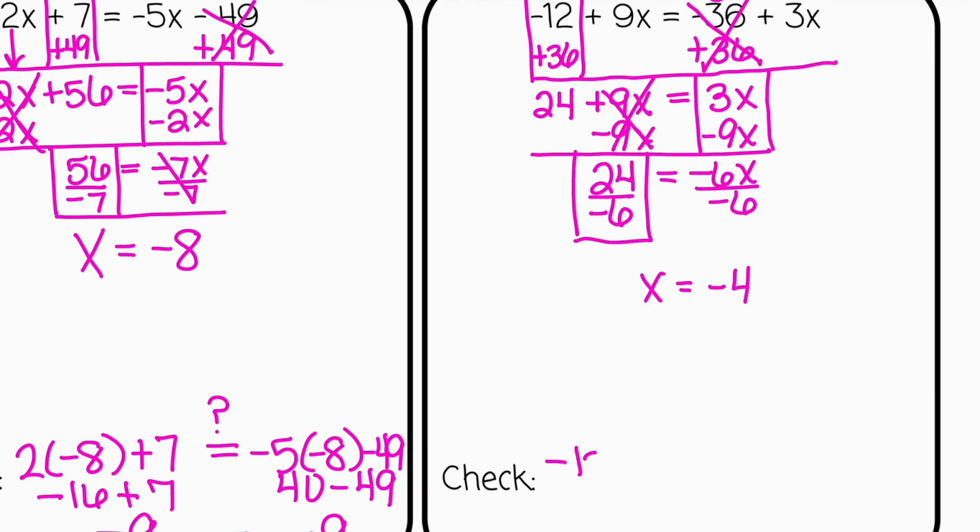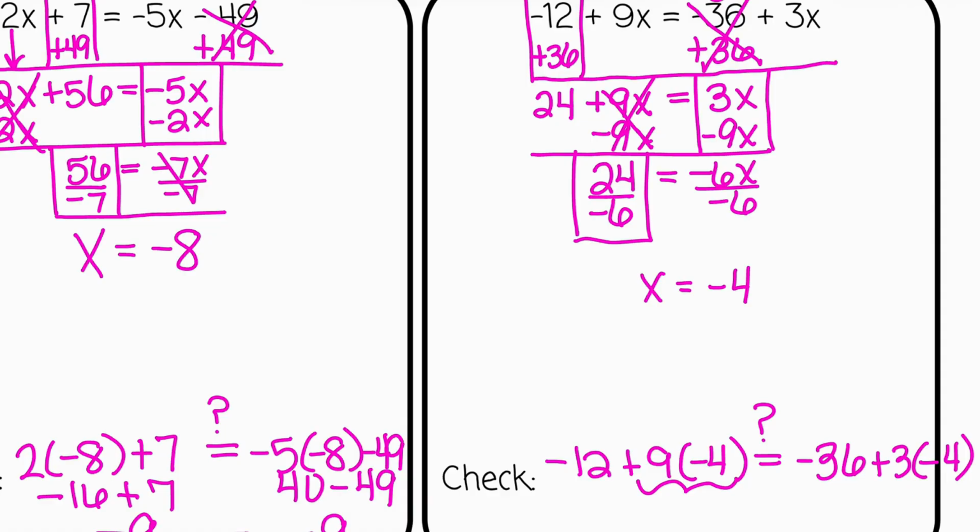So I have negative 12 plus 9 times negative 4. And we're checking to see, is that equal to negative 36 plus 3 times negative 4. All right, for order of operations, I have to multiply first. So 9 times negative 4 is negative 36.